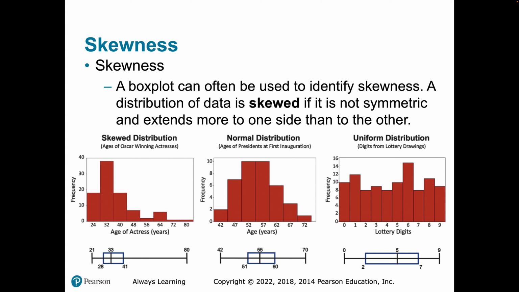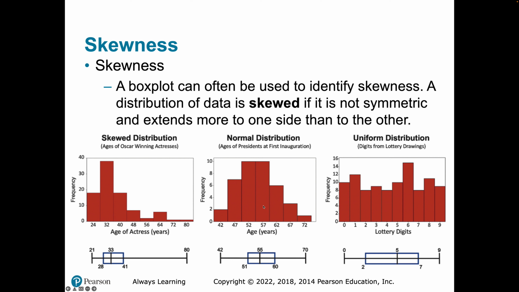So before we get into outliers and box plots, let's think a little bit about the correspondence between a histogram and a box plot, because we can see a lot of similarities. If we look at the skewed distribution right here, we have a right skewed distribution. So for the box plot, I would expect this line that I'm tracing to be longer.